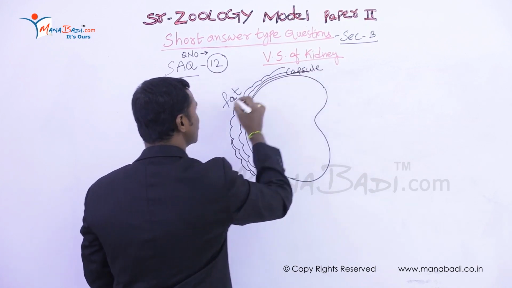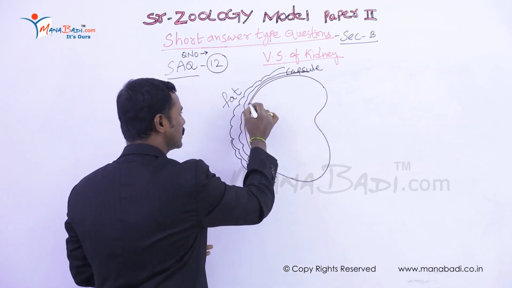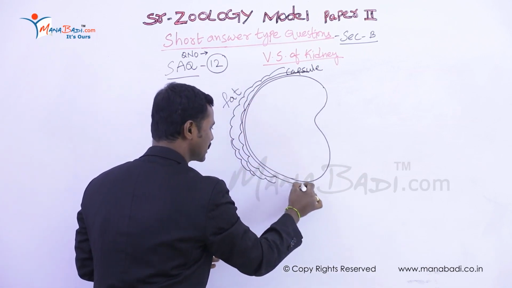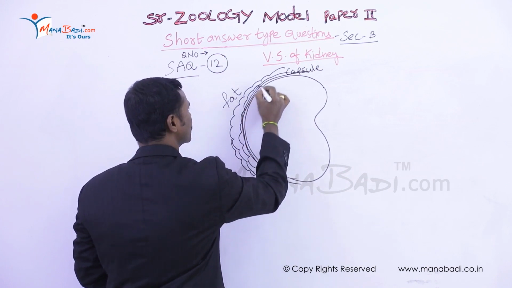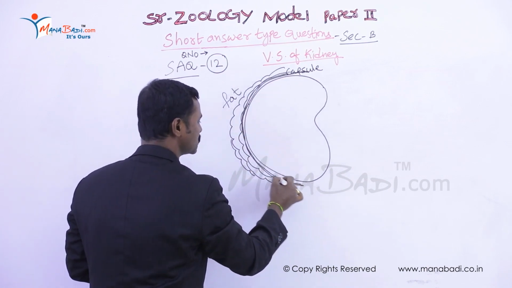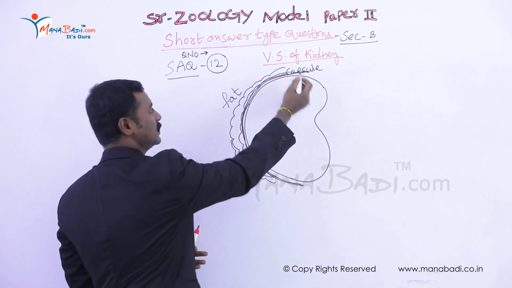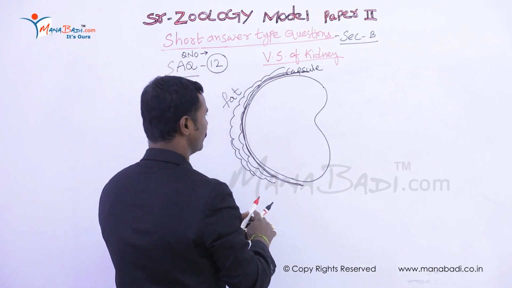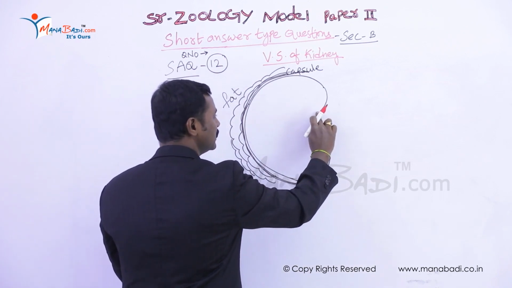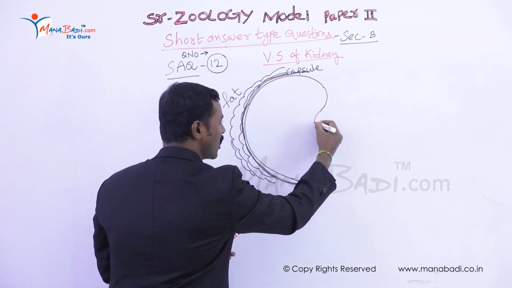So you have to mention fat outside, and a cap-like outer covering or a helmet-like structure you are observing to give protection. What is this? Capsule. It is made with fibrous tissue. So that's why it is called fibrous capsule. Fibrous capsule.